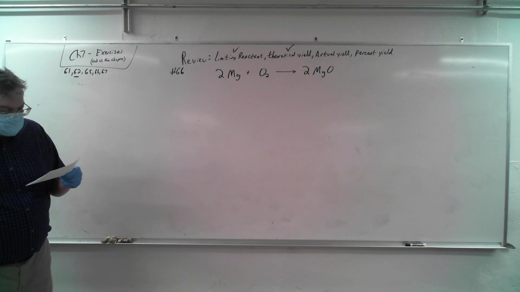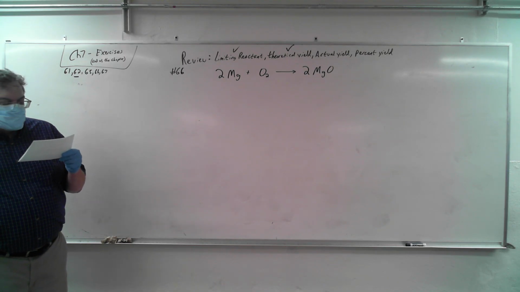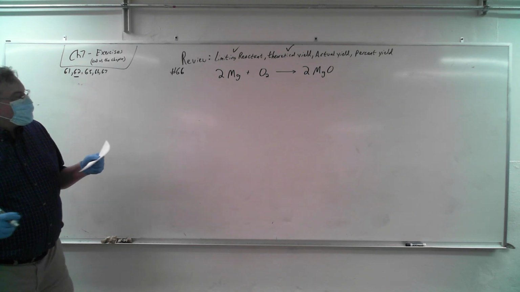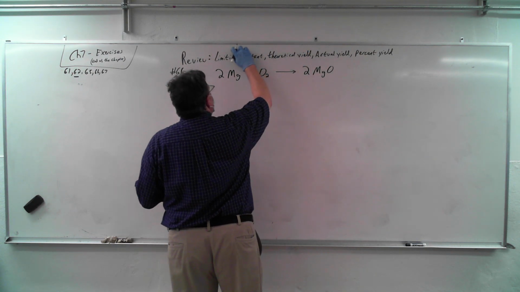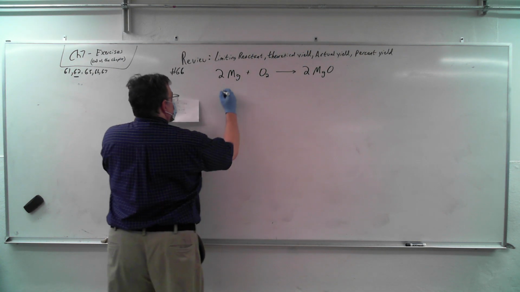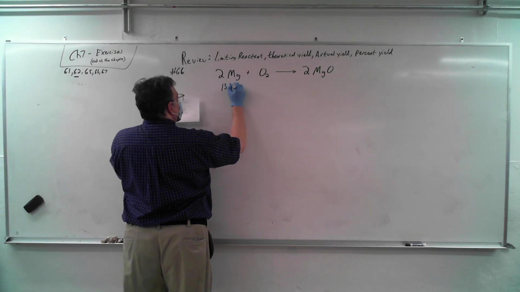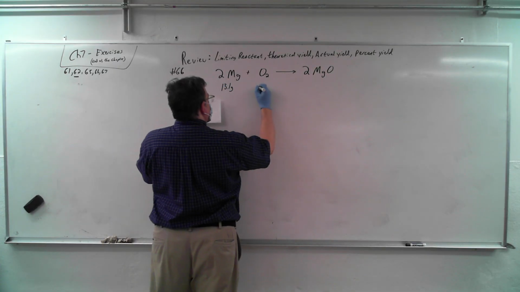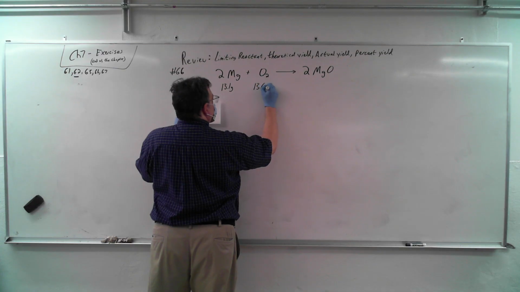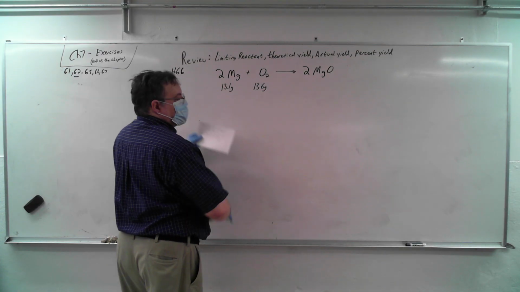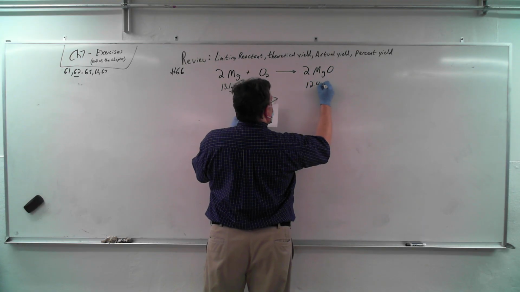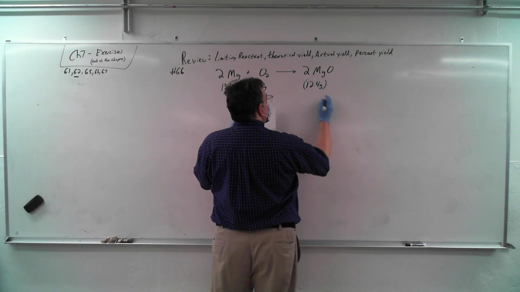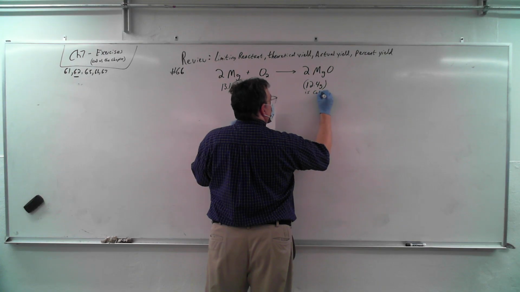There's the reaction. So we go in order again. Oh, this question says, here's how it's phrased. It says 13.1 grams of this and 13.6 grams of this are put into react, and later 12.4 grams of this is collected.